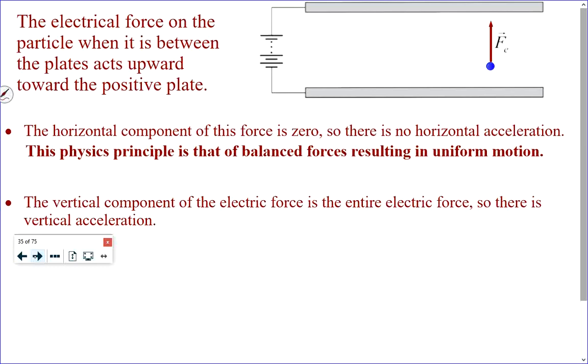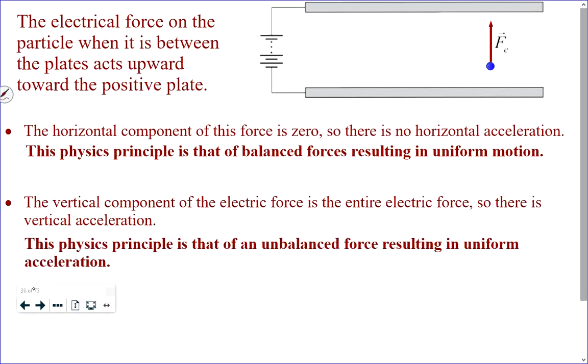So that means there's a net force vertically towards the top of the screen. And that means that the particle will accelerate, because if you look at the pink sheets, that's non-uniform motion because there's an acceleration. Specifically, it's this yellow section.